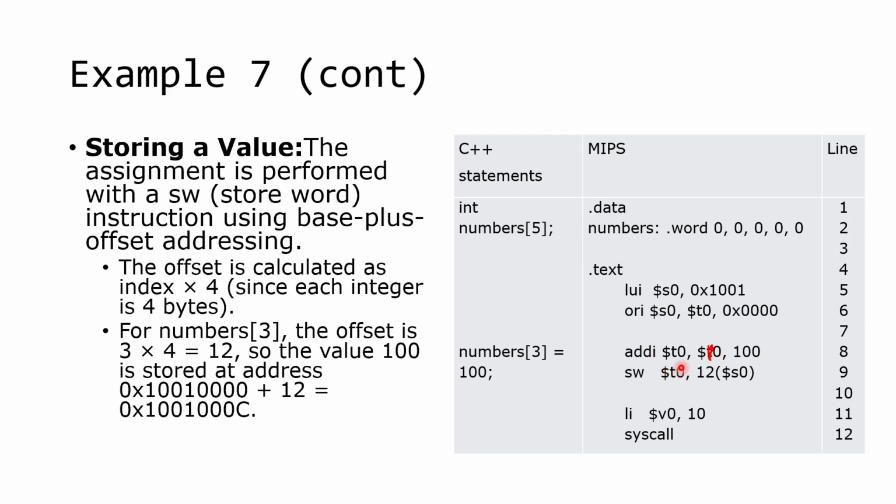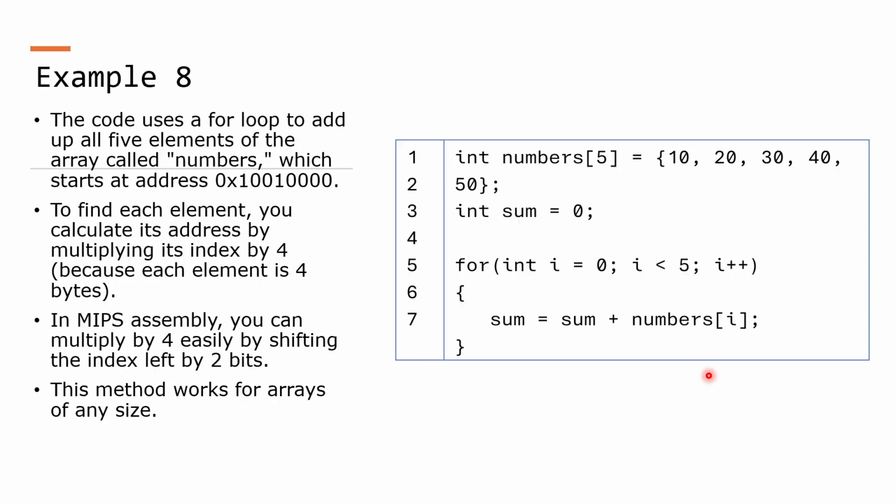Now 100 is loaded inside $t0, and this $t0 will be stored into the effective address from the base address 1001.0000 plus 12. So the value 100 is stored at address 1001.0000 plus 12, or 0xC in hexadecimal.